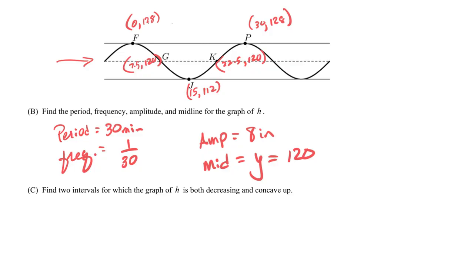So find 2 intervals for which the graph of h is both decreasing and concave up. So I want to be going down for my y value, but I want to be an increasing slope, okay? So this is increasing, so that's no good. So I'm gonna do the blue in bad one.